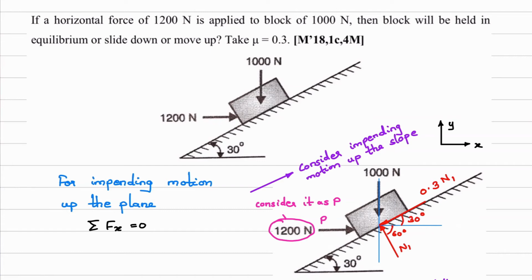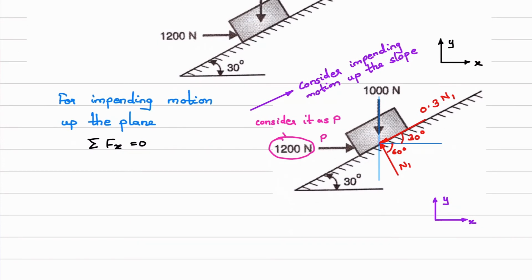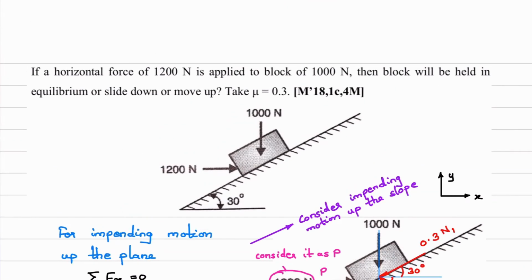Now we can write the summation Fx equal to 0 equation. P is towards the right, so plus P. Don't take the value of this P, because we will calculate the P and then compare it with the given P to find whether the block moves up the plane, down the plane, or is in equilibrium.